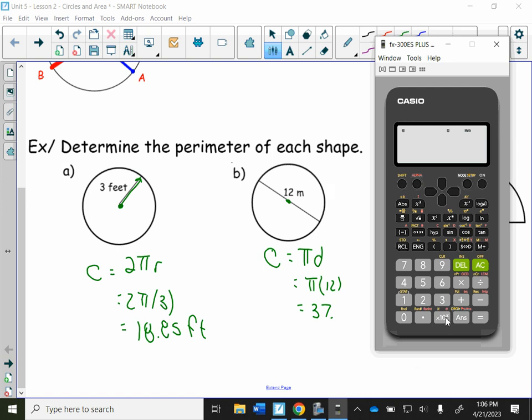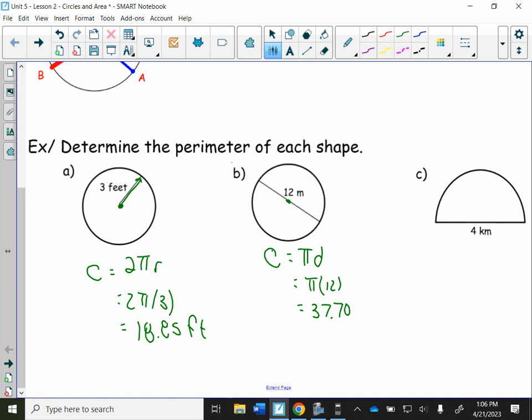Pi, so usually it's a shift function. Mine's down here. You see that little yellow there? Pi times 12. Okay, so mine comes up with 12 pi automatically. Decimals, 37.699. So to 2 decimals, that's actually 37.70 meters.